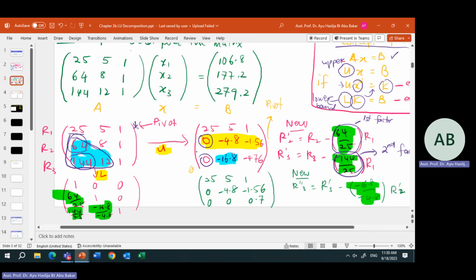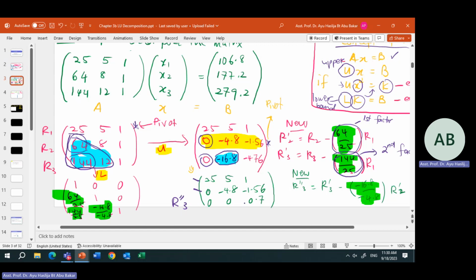Next part is to zero the negative 16.8. How to zero this? By pivoting the second row. So find the new equation for R double prime 3. This value remains.